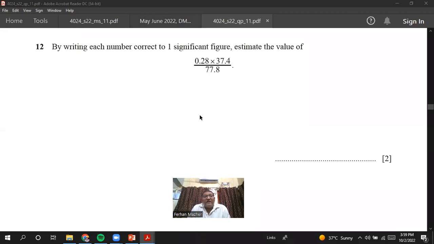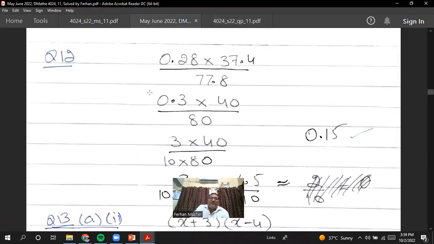So question number 12, you have to give the answer in one significant figure. 0.28 multiply 37.4 divided by 77.8. 0.28 in one significant figure will be 0.3. 37.4 in one significant figure will be 40. And 77.8 will be 80. And then we will do the calculation.